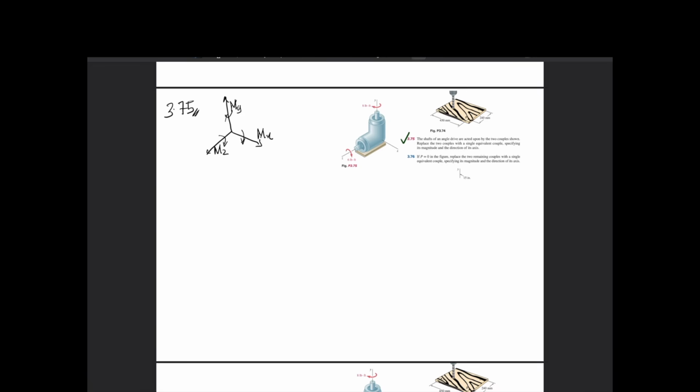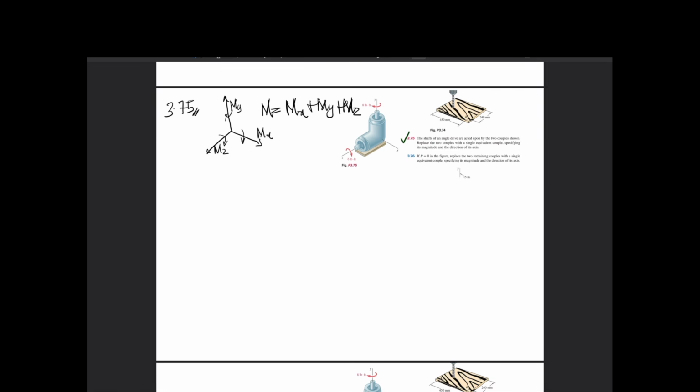So we know that our M can simply be written as MX plus MY plus MZ, that is the sum of the X component, Y component, and Z component. But for this, we're now told to replace these two couples with a single equivalent couple.